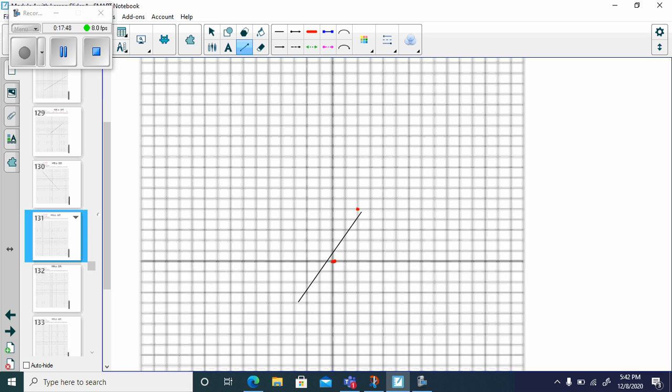I think that's enough points probably for me to be able to draw through. What I'm going to do is draw the line. I'm going to click on this line, and I'm going to bring it over here where it should be. There we go. Okay.